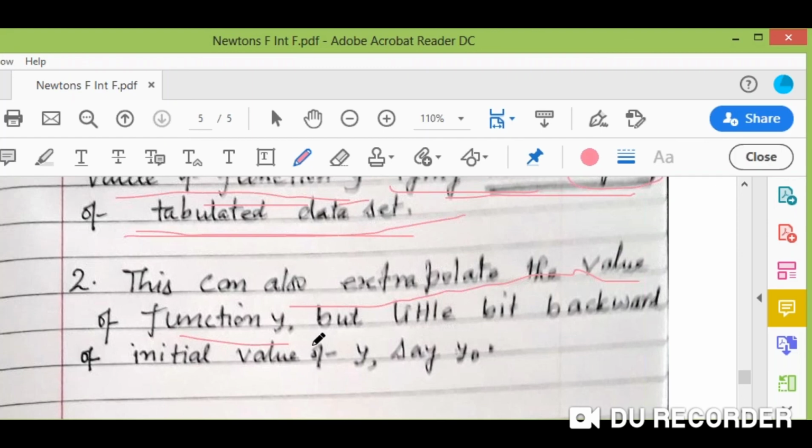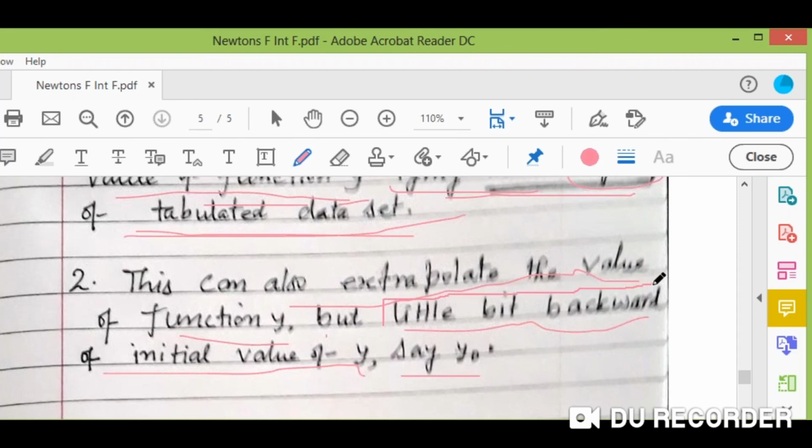But in both cases there is a condition: only a little bit backward of the initial value of y, say y0.